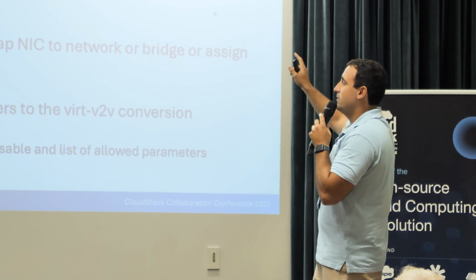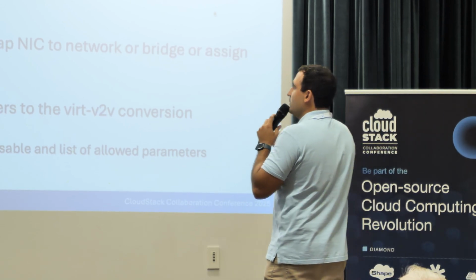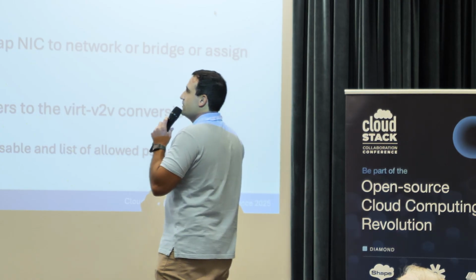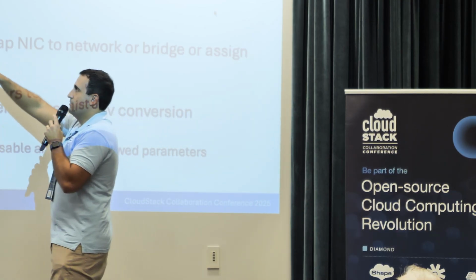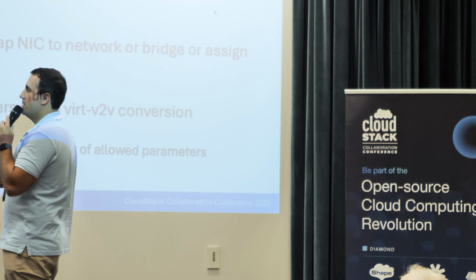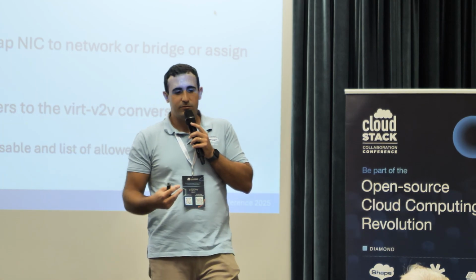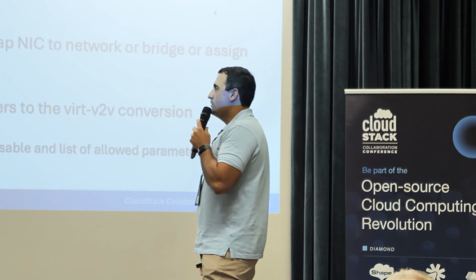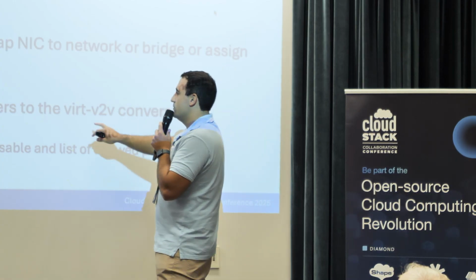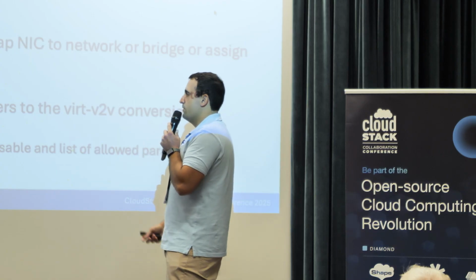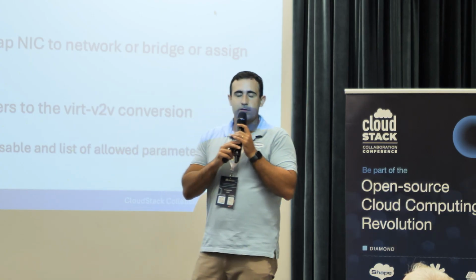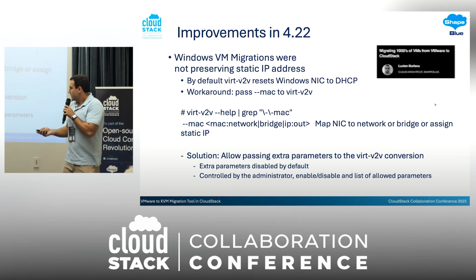So Lucian has been working on that and discovered that passing a parameter to the Virt-V2V binary should help with that. So we thought about extending that to a general solution, allowing extra parameters to be passed to the Virt-V2V binary.